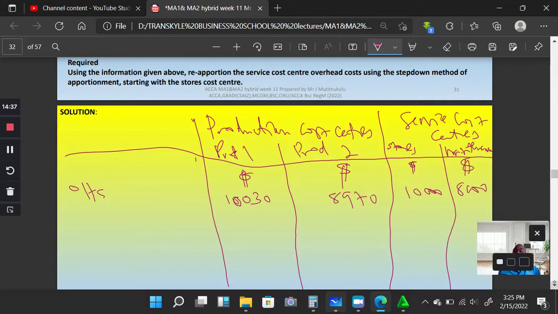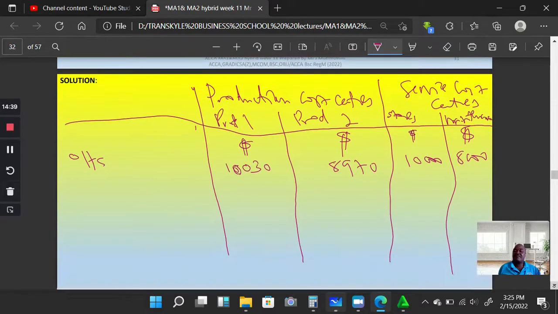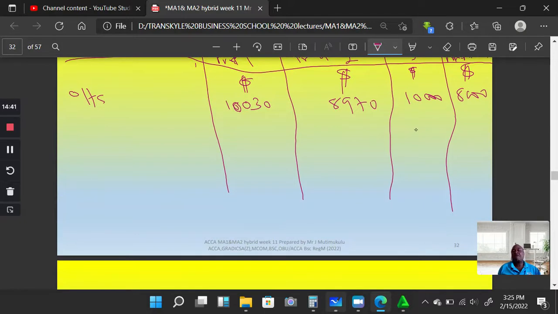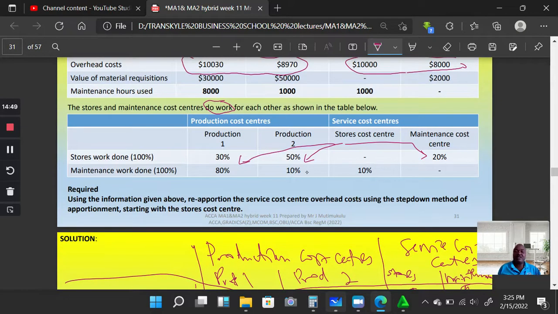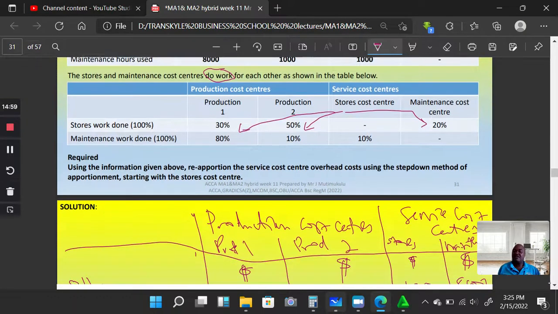But we need to reapportion starting with the stores, because the question is saying start with the stores. So what it means is the 10,000 is to be shared first.